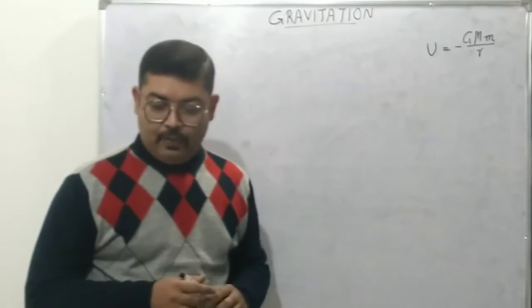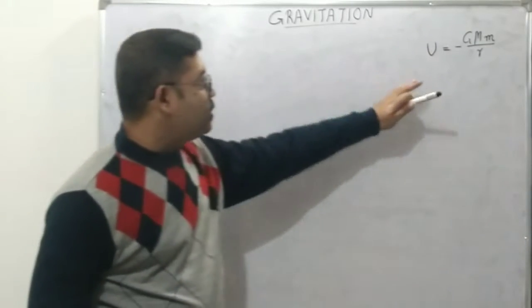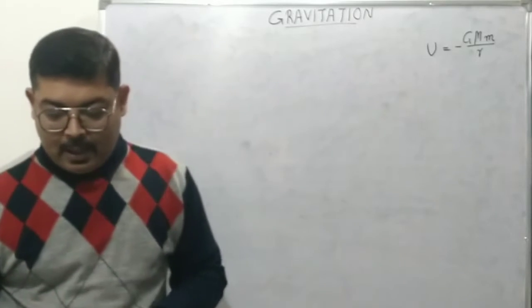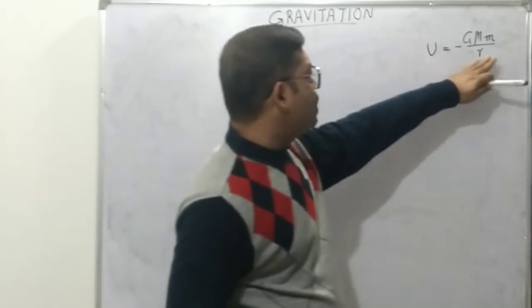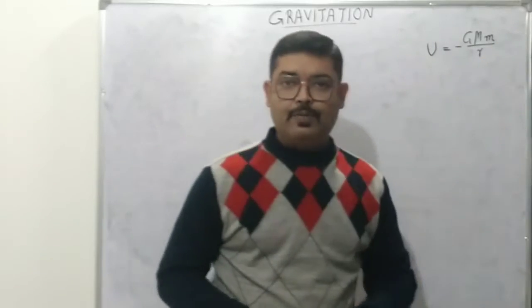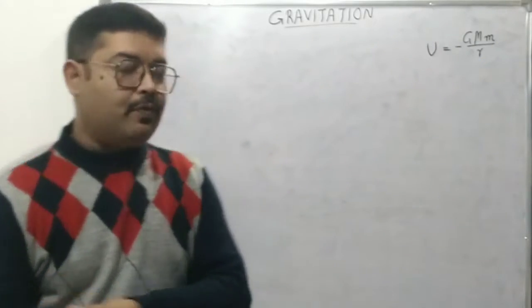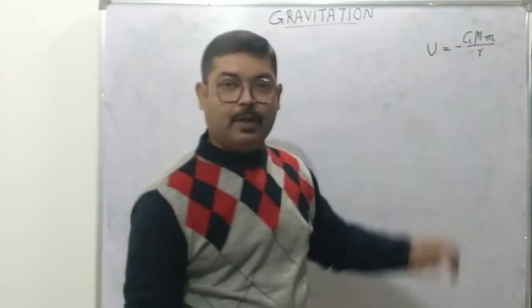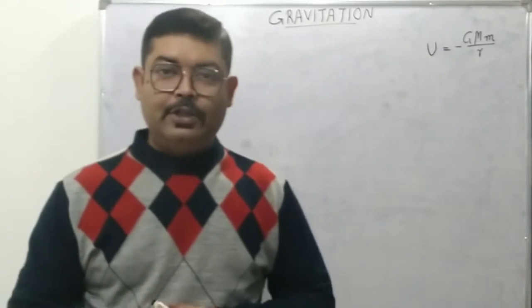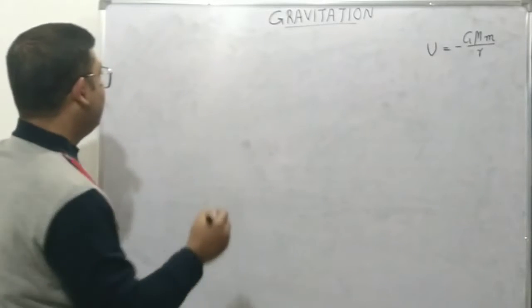Okay. Then we said that we will discuss certain aspects of this particular expression. Let us say what we observe from this expression, gravitational potential energy, if it is given by this particular expression. First and foremost, what we see is that it is always a negative term. Gravitational potential energy is negative, right?